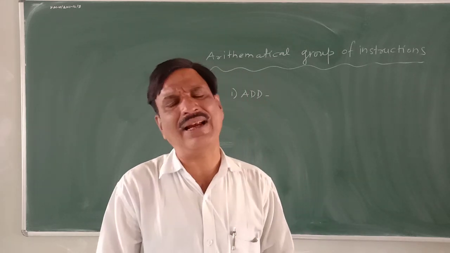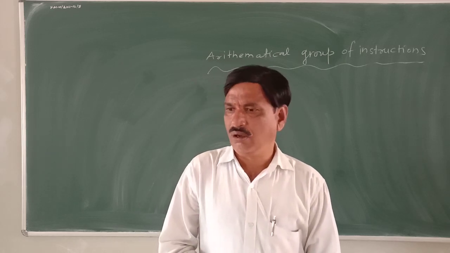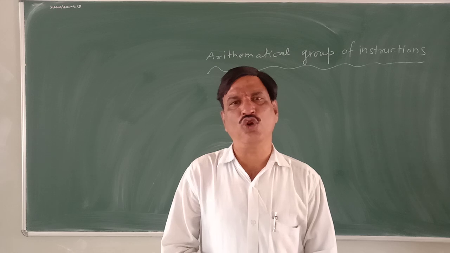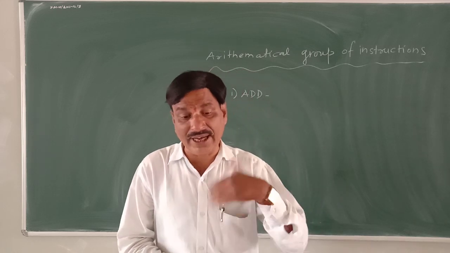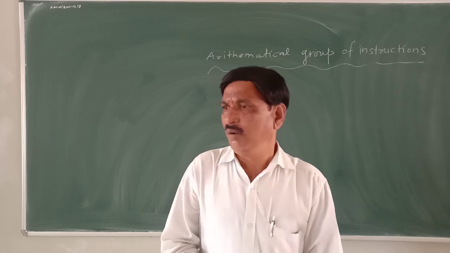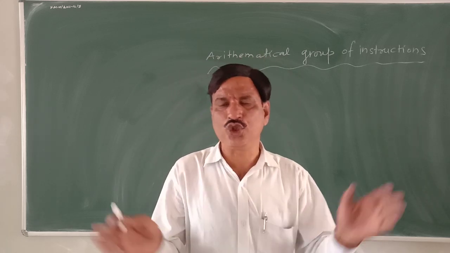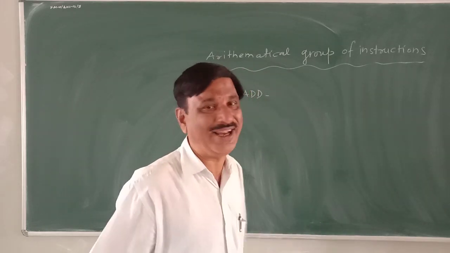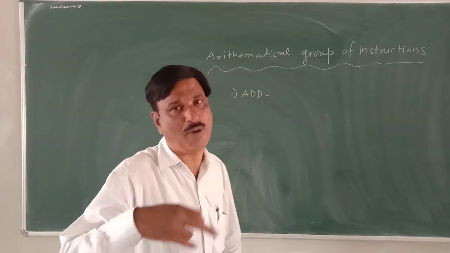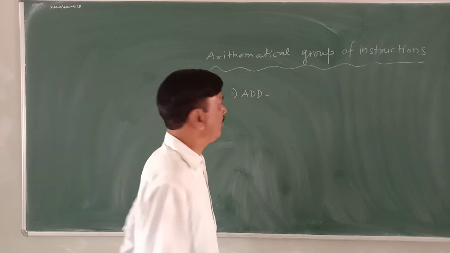Actually, the microprocessor can understand the instruction in binary, that we know very well, but looking at it, we can't predict its meaning. So we study the instructions in the form of mnemonics. So this is the ADD instruction, arithmetical group of instructions.